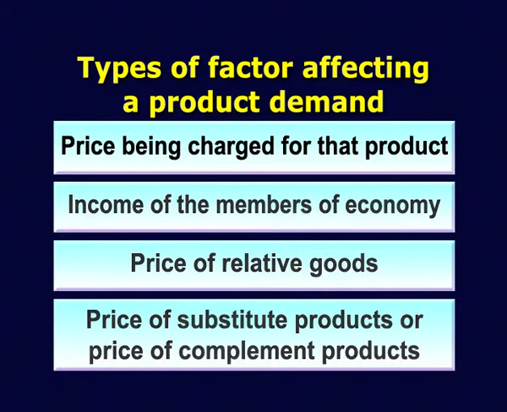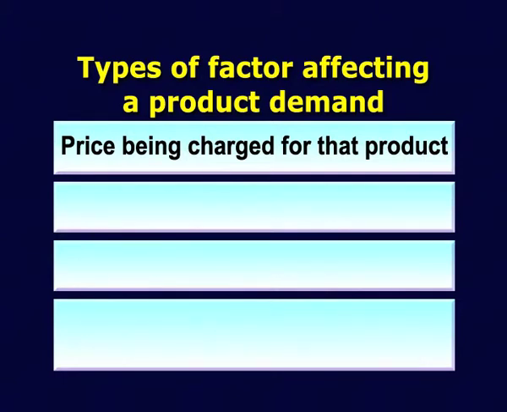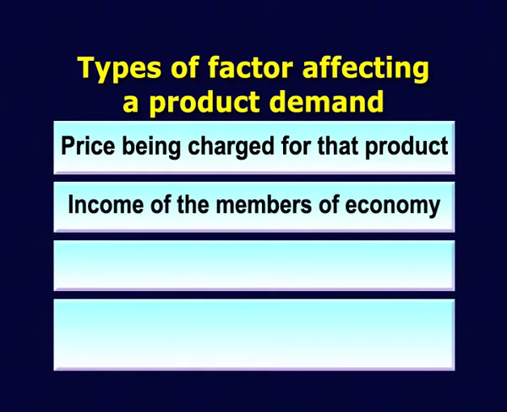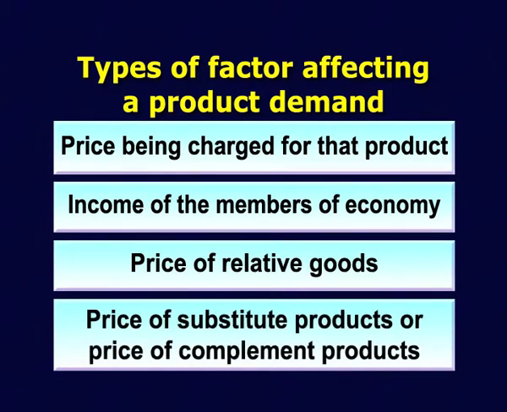First and foremost, it depends upon the price being charged for that product. Second is the income of the members of the economy. Third is the price of related goods. Fourth is the price of substitute products or price of complement products also.